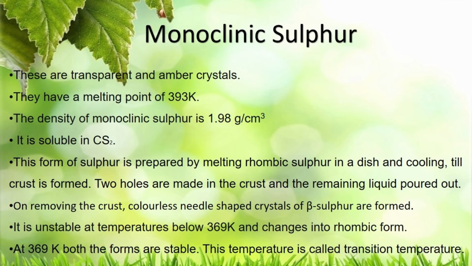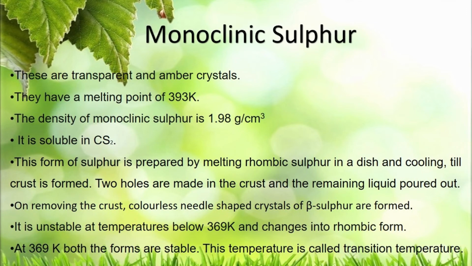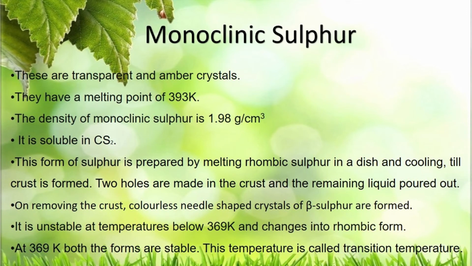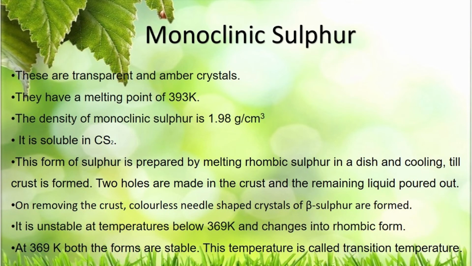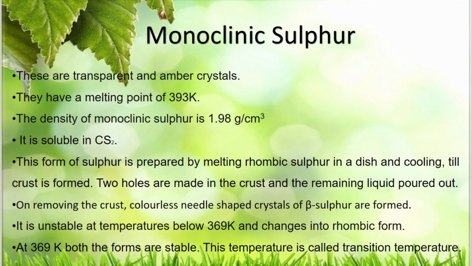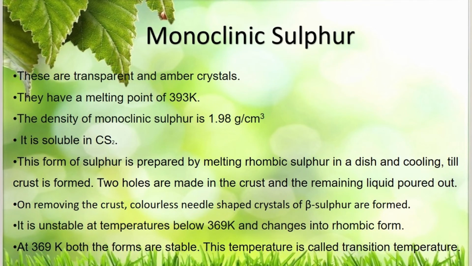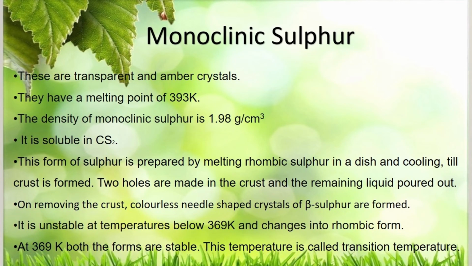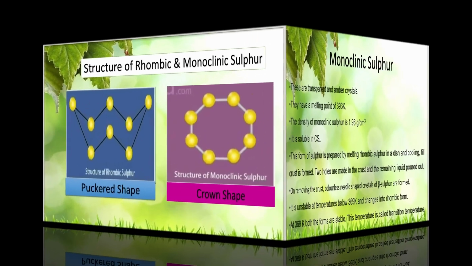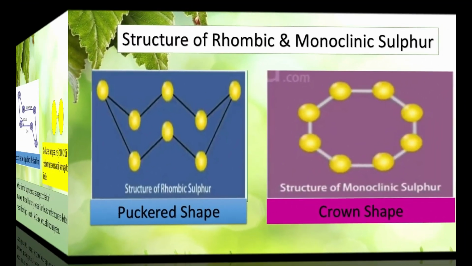So when you cool the monoclinic sulfur below 369 Kelvin, it changes into rhombic form. And at 369 Kelvin, both the monoclinic and rhombic sulfur are stable. So this temperature is called transition temperature. This is the shape of rhombic and monoclinic sulfur.